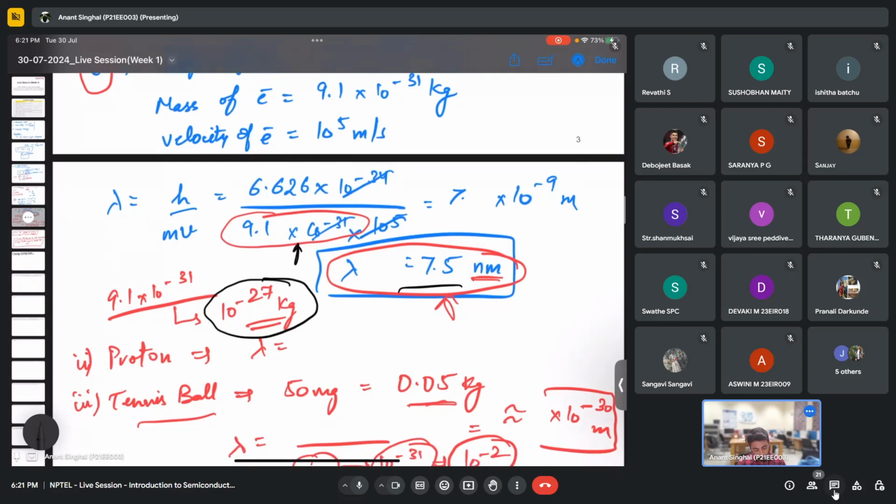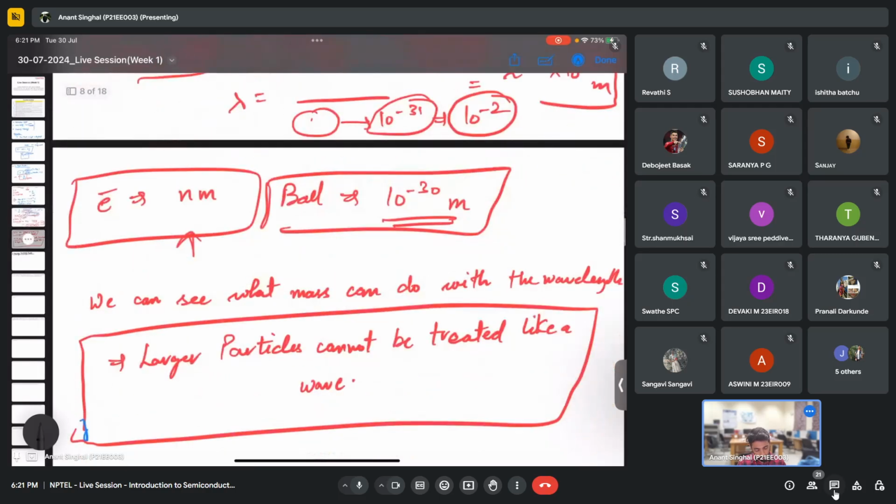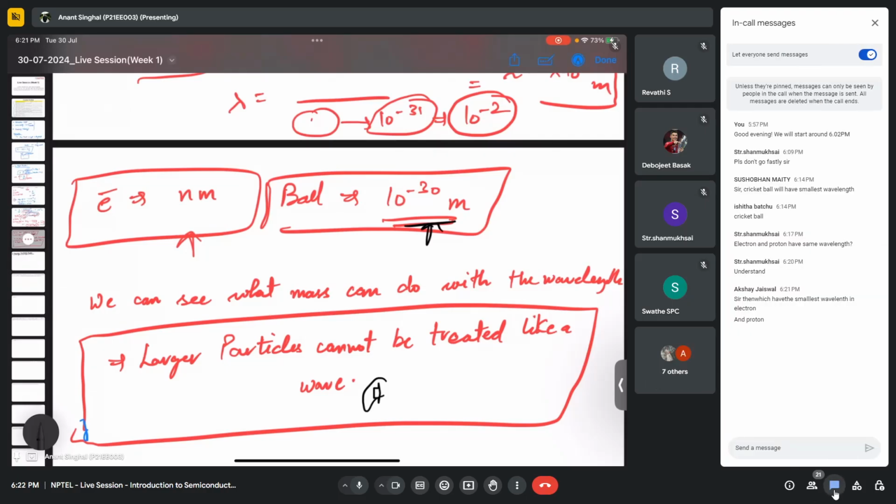As I said, the higher the mass, the smaller the wavelength. This is very basic, because the wavelength is so low that we cannot treat even large particles as a wave. They are only particles. So duality exists only for atomic particles. Does it make sense?